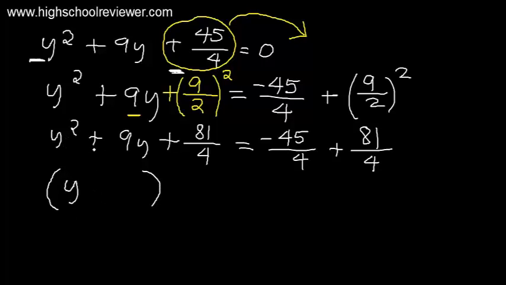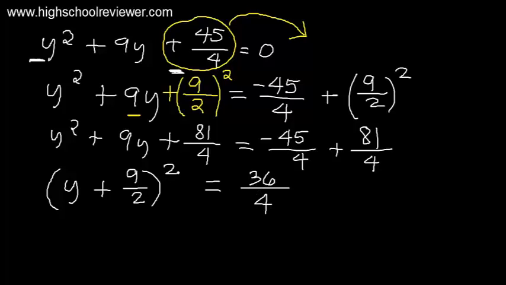And then since this is positive, this will also be plus, and the square root of 81 all over 4 will be 9 all over 2. And then you raise this term to the power of 2. And this will be equal to, now since they have the same denominator, just copy the denominator, and then negative 45 plus 81. Negative 45 plus 81 will give us positive 36. So this will be positive 36 all over 4.